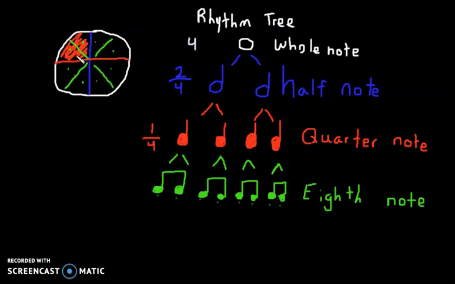And one of these slices here, the fraction is 1 out of 8.